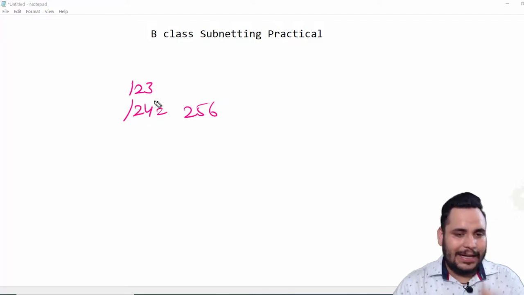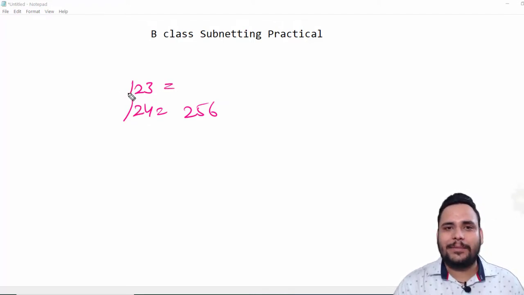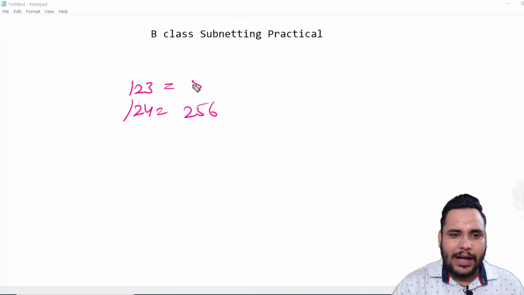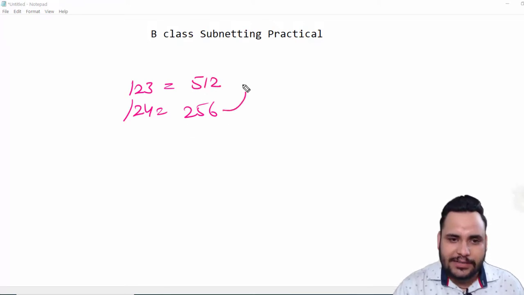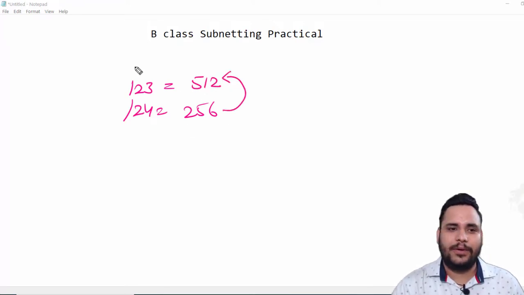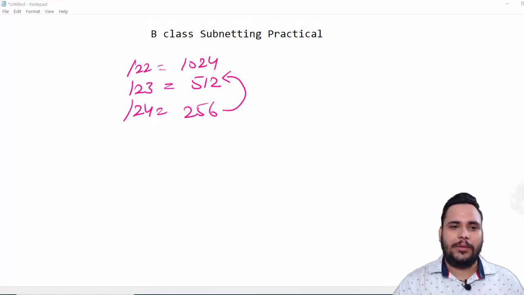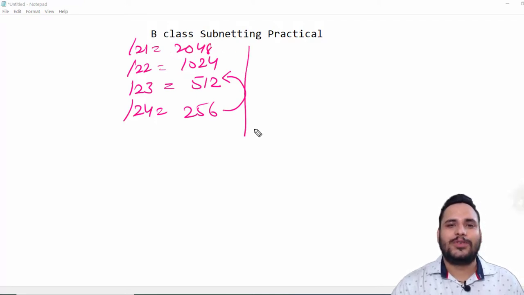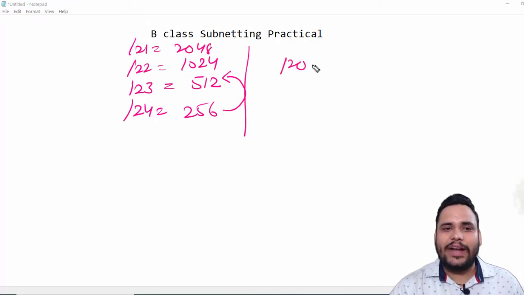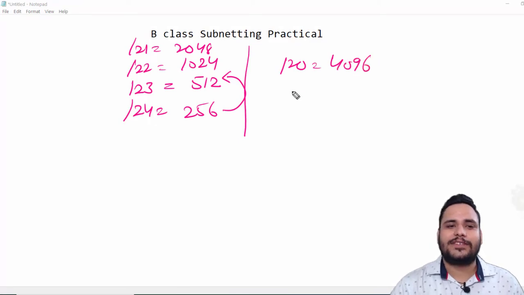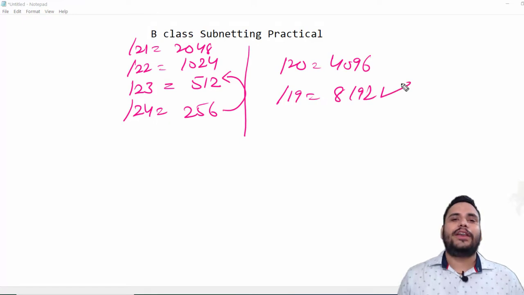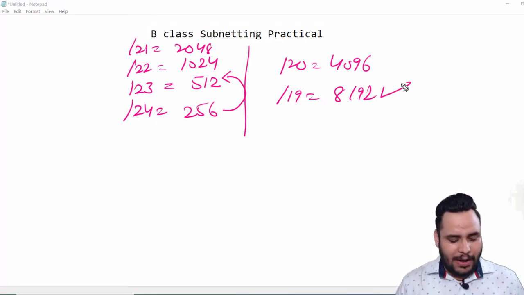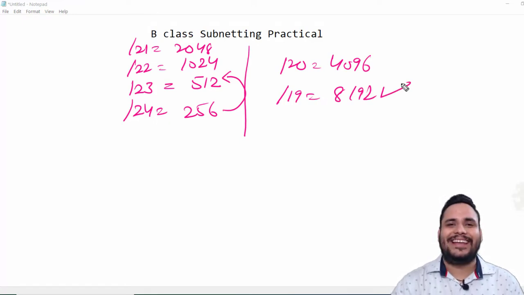When we use B class subnetting on 7 bits, IP addresses are 512, which is double the value of /24. In /22, 1024 hosts will be there. In /21, 2048 hosts. In /20, 4096, and in /19 we found 8192. So this is all about B class subnetting. Thank you.